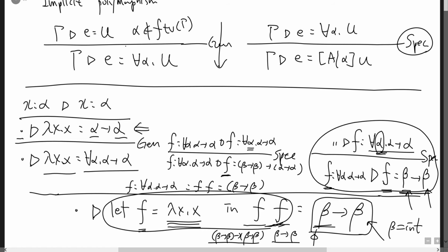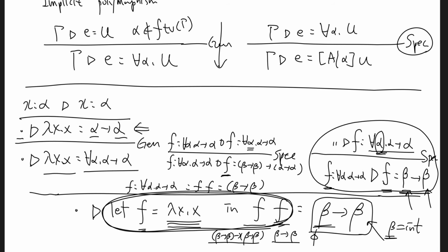But when we consider this left binding in isolation, there's no way to fix the type variable beta. But that's what is left. This is what will be taken care of by the type reconstruction algorithm. So this is how we use the specialization rule.